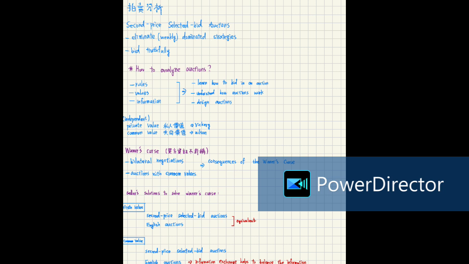So the buyer does not know the whole value or whole information about this auction item. So if he wins this auction, sometimes he pays more than its value, so it is called winner's curse.